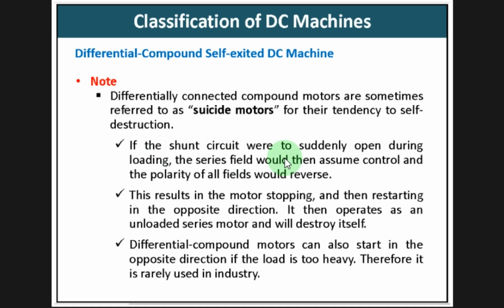If the shunt circuit suddenly opens for some reason during loading, the series field would then assume control, because then only the series field is working. I'm talking about the differential compound, where the two fields are in opposite directions. Now one field coil is gone, so only the series field coil is active, which is opposite to the field of the shunt field coil.